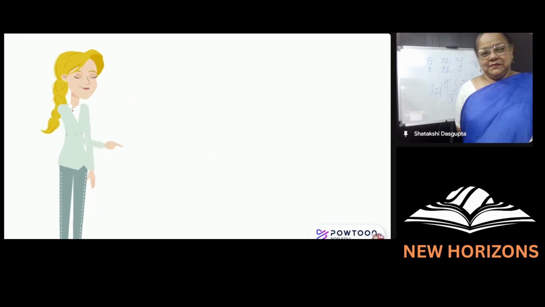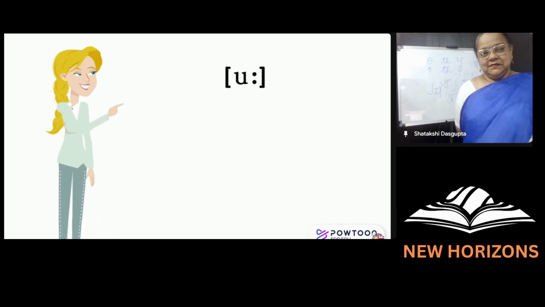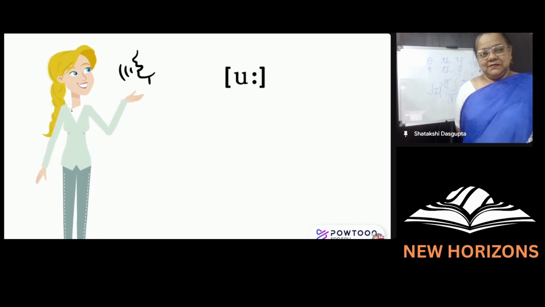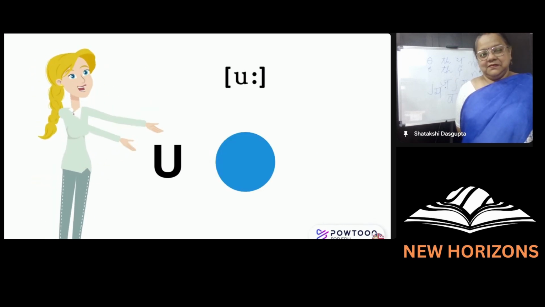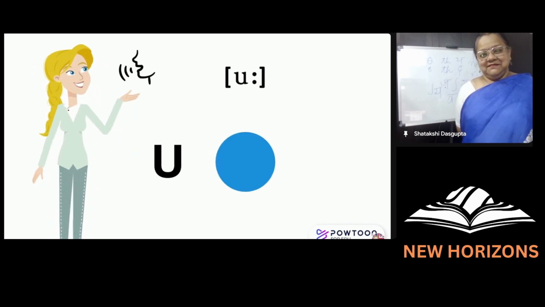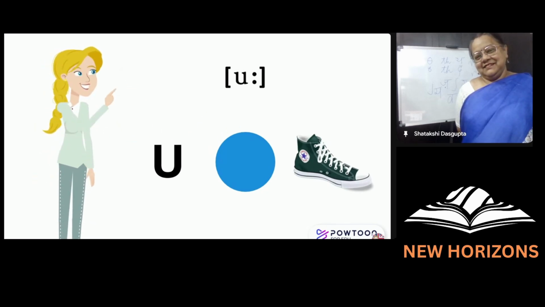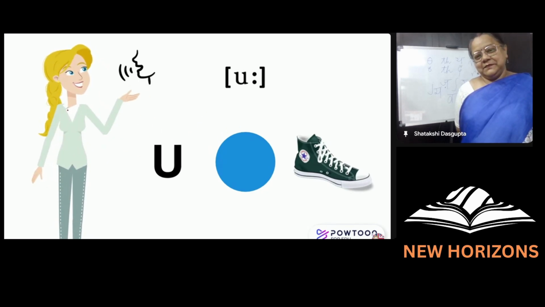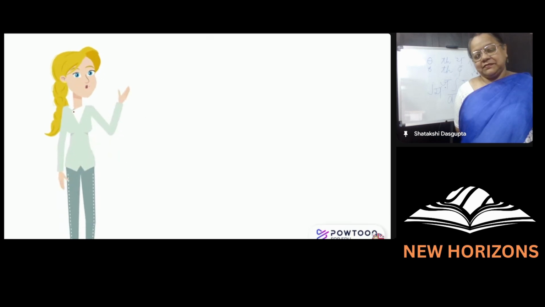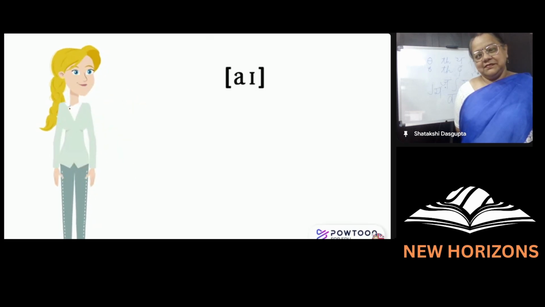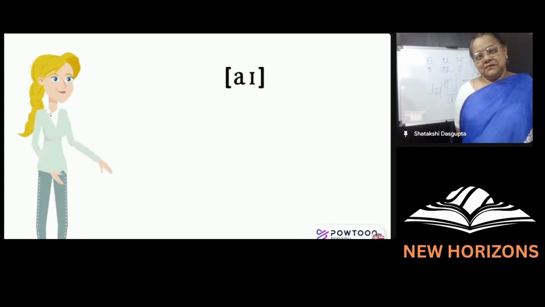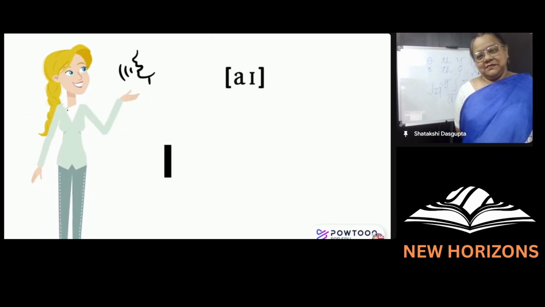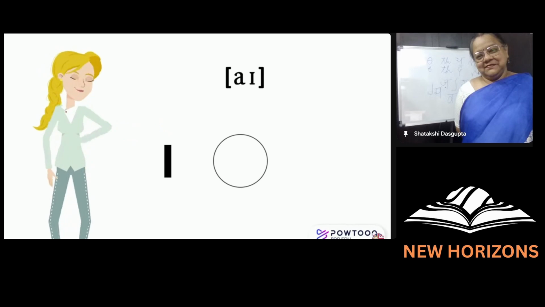This is the sound oo. Oo. U. Blue. Shoe. Oo. This is the sound I. I. I. White.